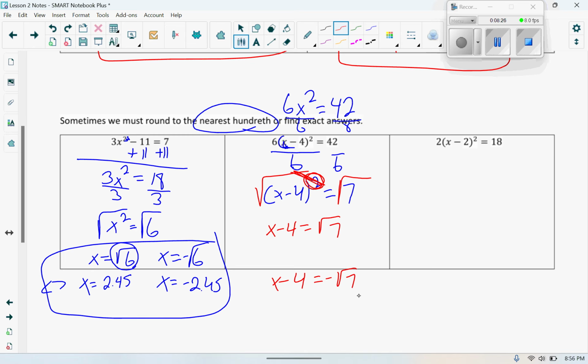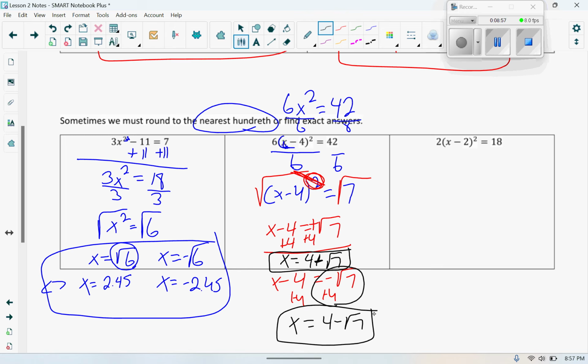And then my last step is, this is like a positive, so it's going to help if I put the little plus there, because I'm going to add 4 to both sides, and I'm going to do the same thing here. And so when you do that, this 4 is not just going to go right out in front. We have to separate that with a plus. So 4 plus square root of 7. And in this case, it's going to be 4 minus square root of 7. So you're always going to separate it with a plus and a minus.